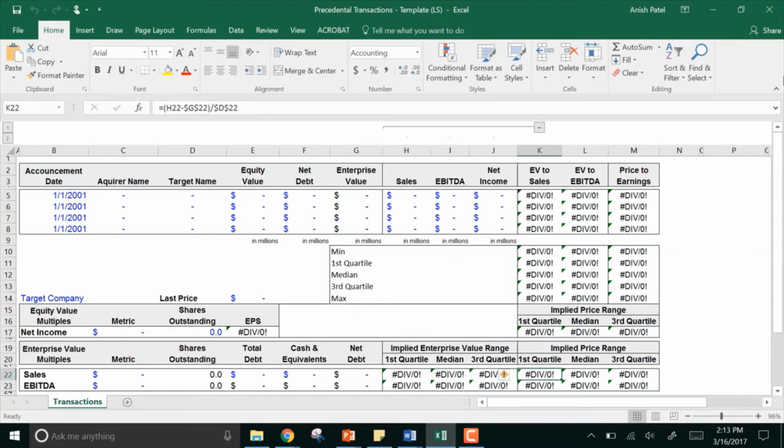Then for the implied price, the equity price, the share price, you would take that implied enterprise value that you've determined, subtract out the net debt which you've calculated, and divide by the shares outstanding to get that share price that most of you are probably looking for. And it's the same process for the median, the third quartile range, etc.